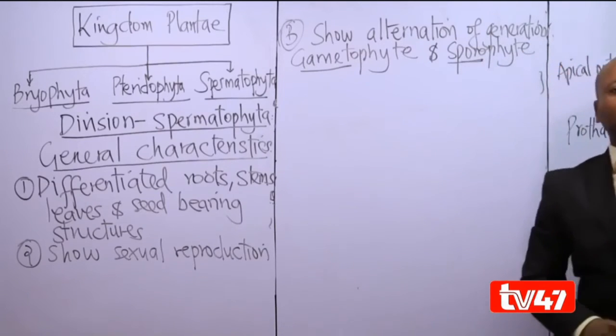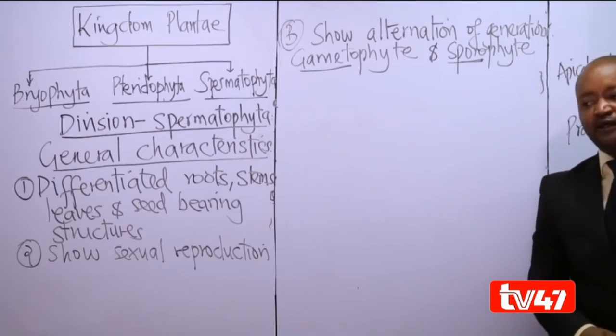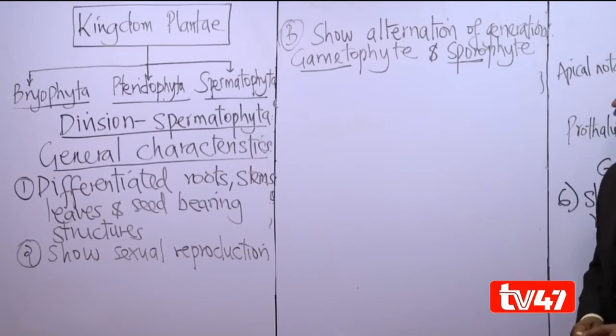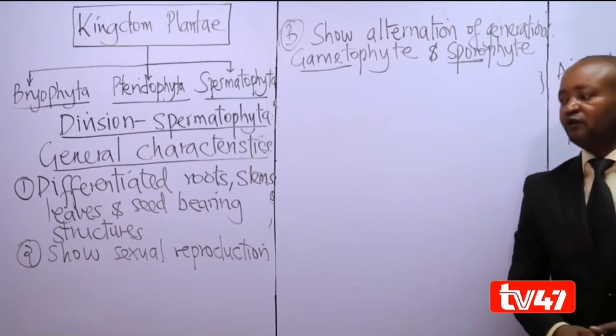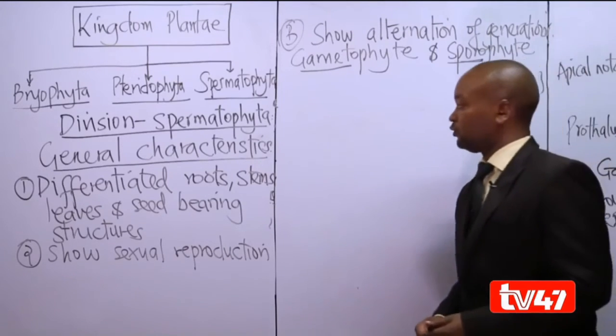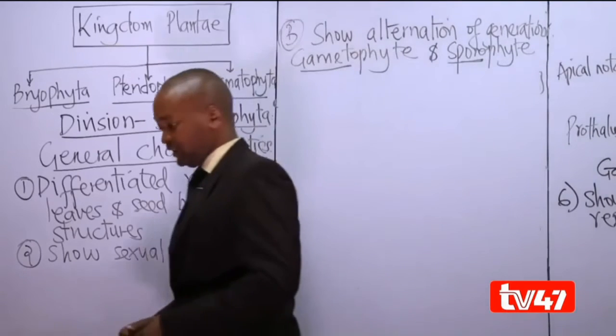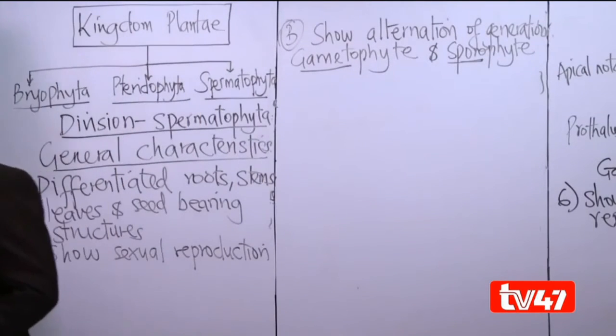When those two forms appear in a given plant, it means it is showing alternation of generations.